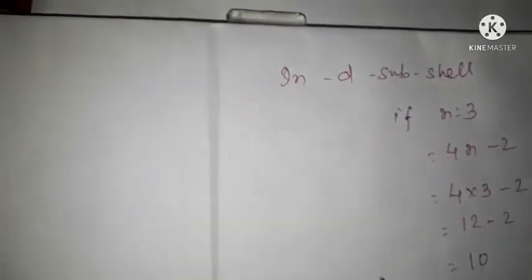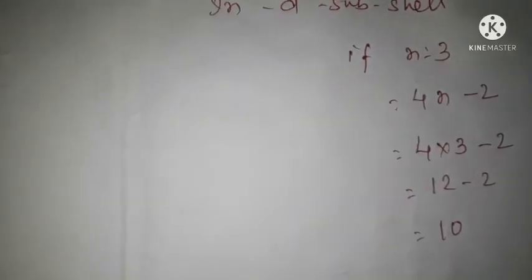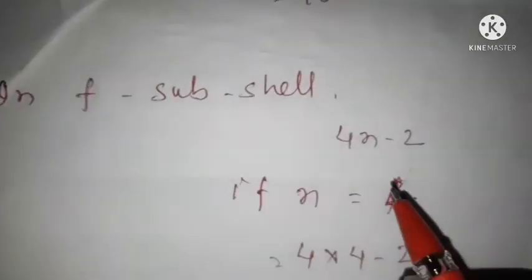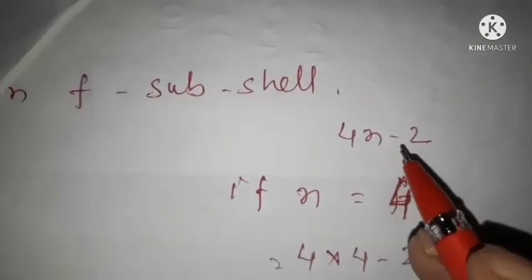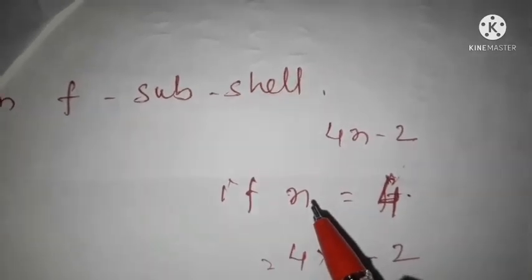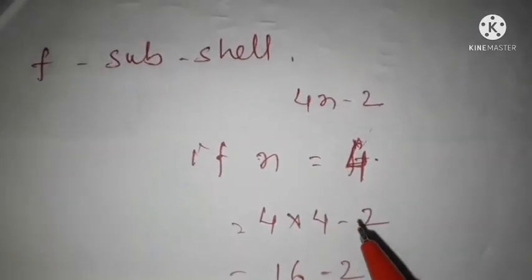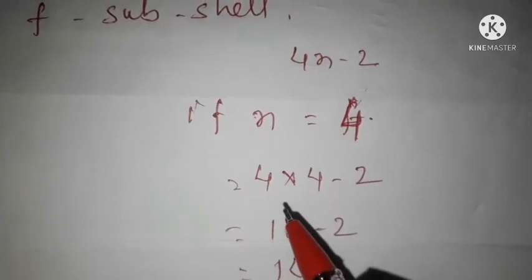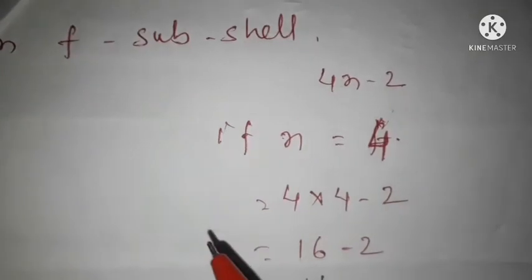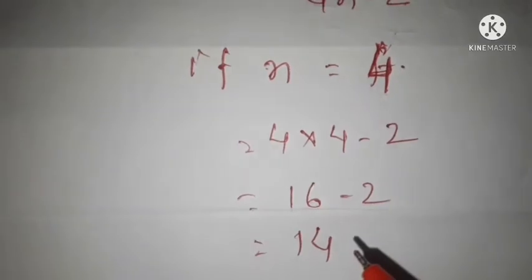So in the D subcell the maximum number of electrons available is 10. In the F subcell, using the formula 4n minus 2, if the number of the subcell is equal to 4, then 4 into 4 minus 2, 16 minus 2 is equal to 14. So in the F subcell only 14 electrons can exist.